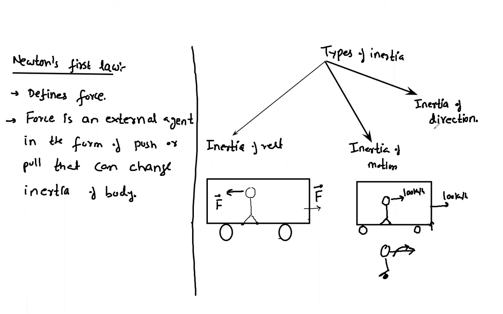The natural tendency of a body is to move in a straight line. Let's see the example of inertia of direction. So what is the natural tendency of a body? To remain at rest or move in a straight line, or can it change its direction by itself? It cannot change its direction. The natural tendency of a body is not to change its direction. If a body does not change its direction, it will move in a straight line.